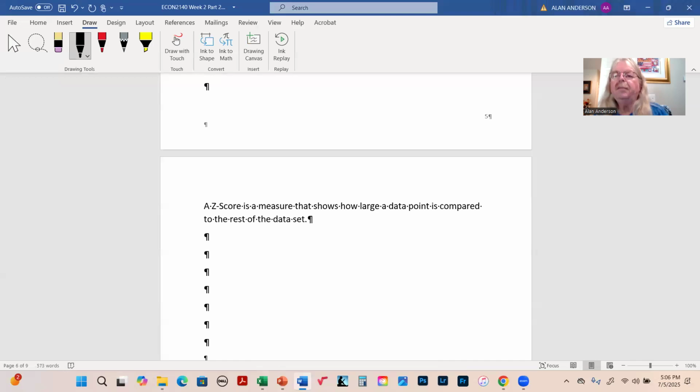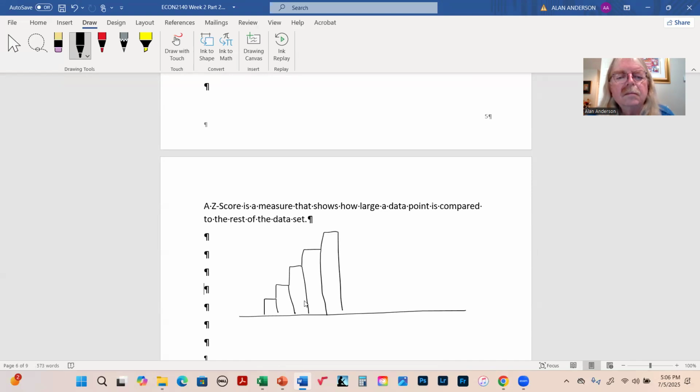If you can visualize a bar chart that looks like this, a nice symmetrical bar chart. All right, it's not perfect, but you get the idea. This represents something we'll see way later on in the course, the so-called normal distribution.